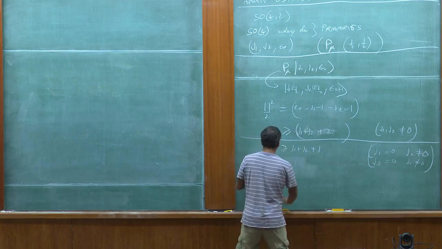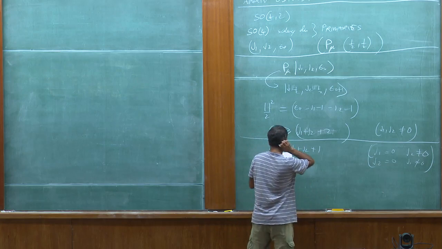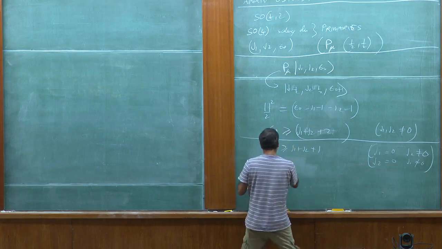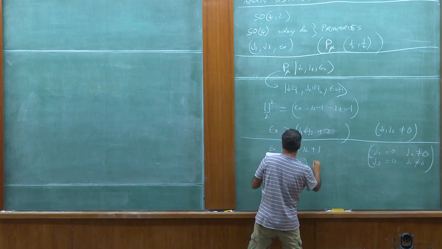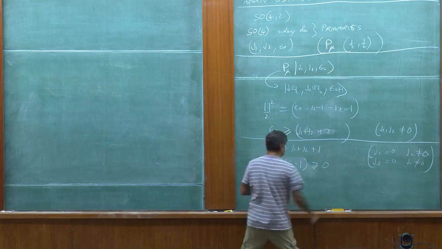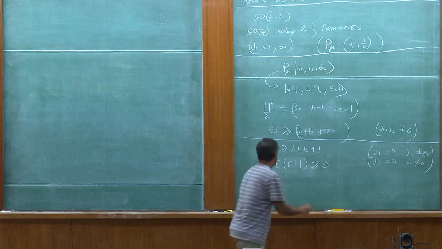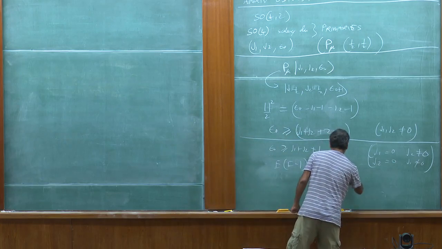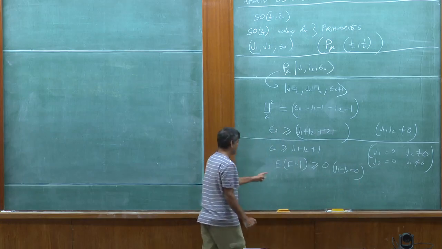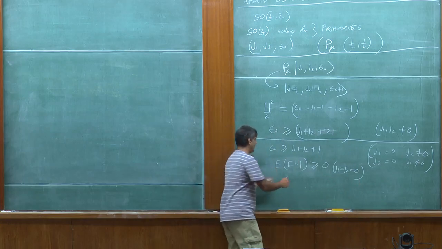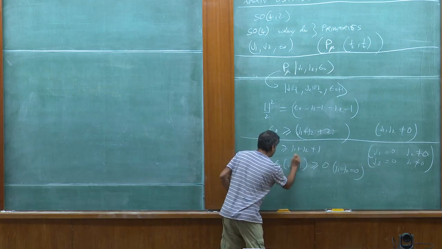You find your first non-trivial condition at level 2. And that becomes that E into E minus 1 is greater than or equal to 0. This is the case J1 equals J2 equals 0.